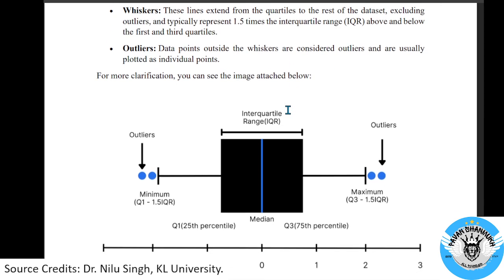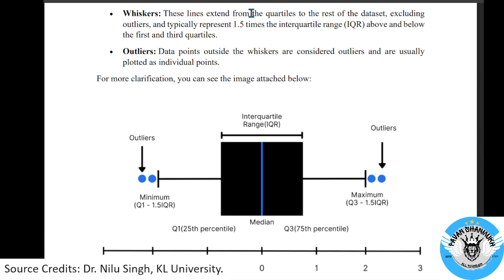Now, what are whiskers? These lines extend from the quartiles to the rest of the data set, excluding outliers.